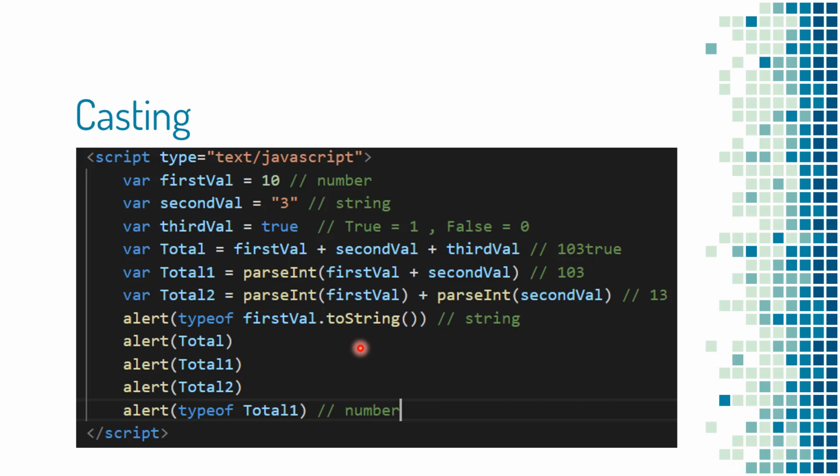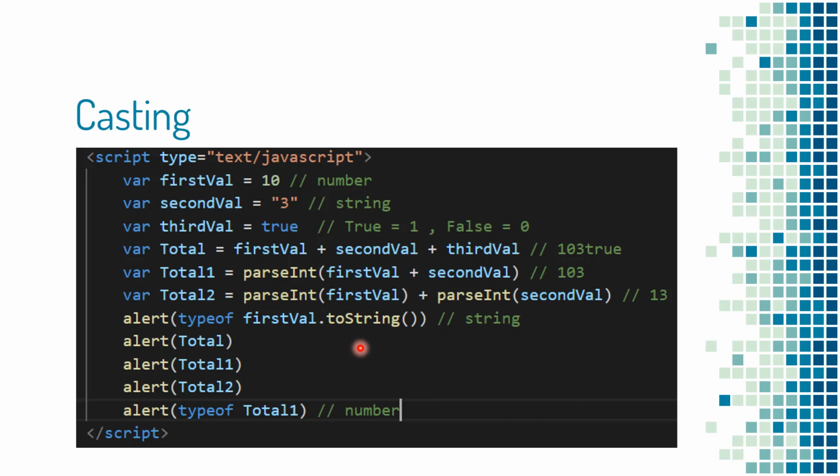So since we are saying JavaScript is a dynamic programming language, we don't need to specify a data type. In some scenarios, we need to have a specific kind of casting, let's say specifying a data type for a specific operation.